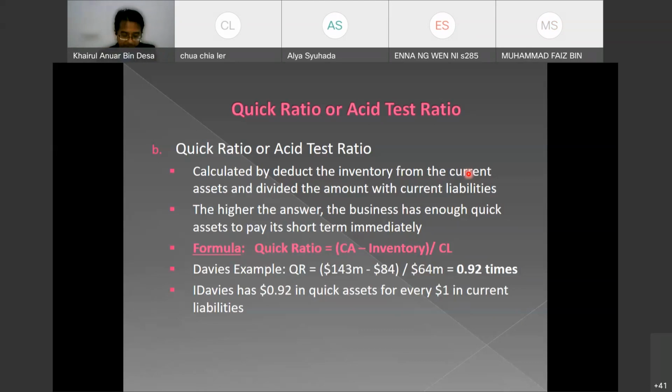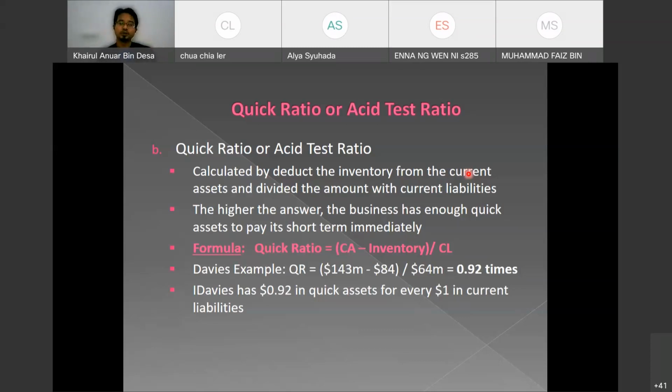Cash, inventory, prepaid expense. Lepas tu, satu lagi. Marketable securities. Okey. Thank you. Terima kasih Faiz. Yang lain-lain tolong take note.